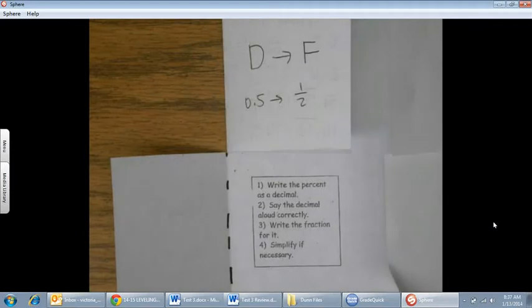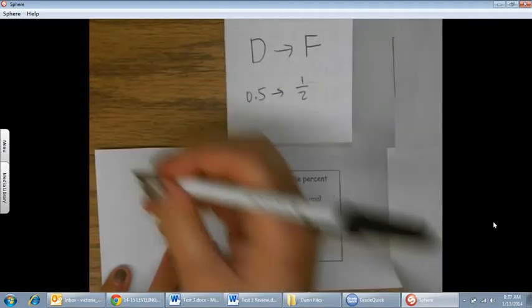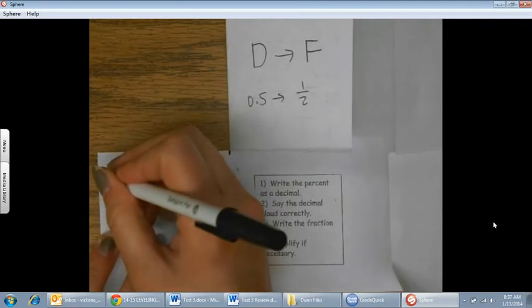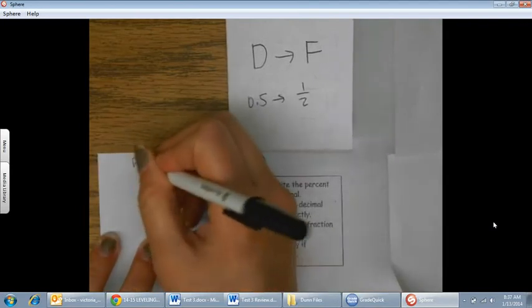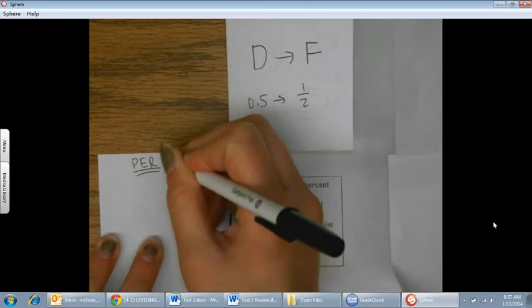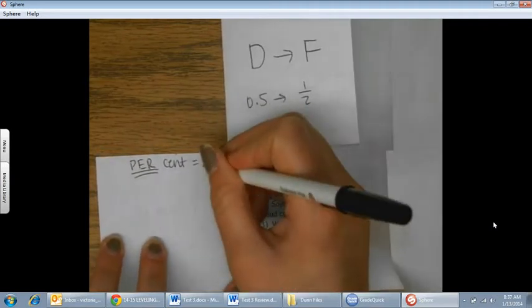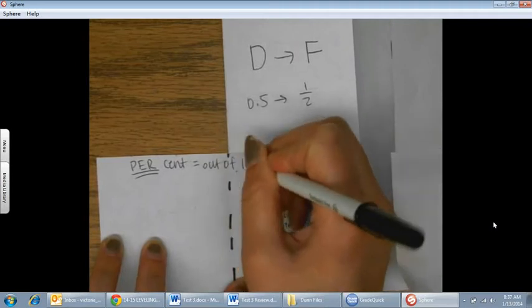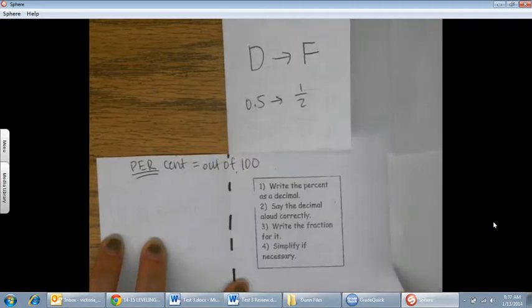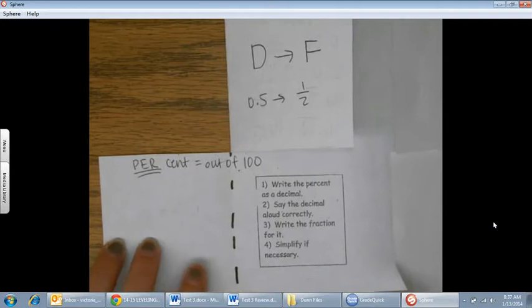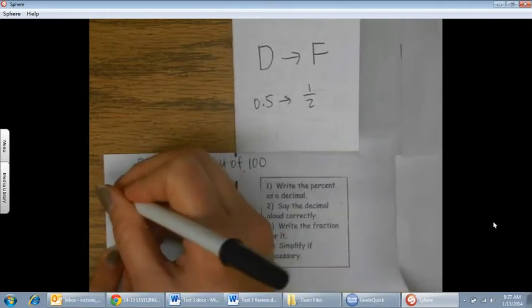So, for instance, you know that per cent, like how many cents are in a dollar, means out of 100, right? Per cent would be out of 100, and that's how many there are in a dollar. So, if you have 56%, then that would literally mean 56 out of 100.